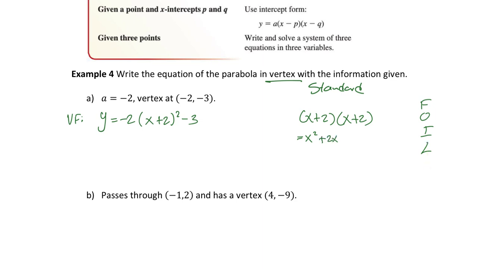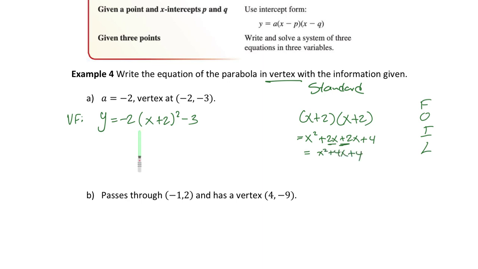Then the inners, 2 times x is 2x. And then the lasts, 2 times 2, is 4. Simplifying, adding like terms, I got x squared plus 4x plus 4.